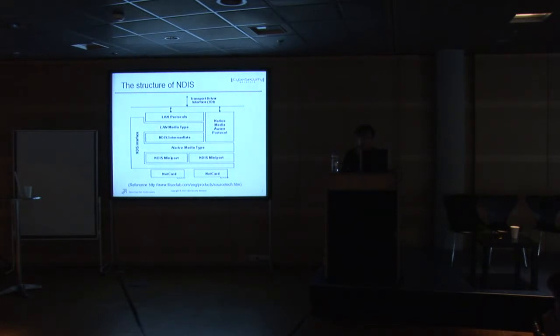Basically, NDIS is divided into 3 levels. The first level, on top, is the interface TDI, which you can also call the protocol level. The second is the NDIS intermediate, and the lowest is the miniport layer. The intermediate level acts like a miniport, and from the other side, for the miniport level, the intermediate acts like TDI.